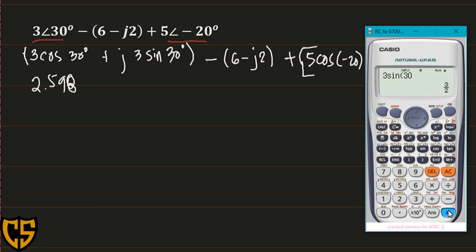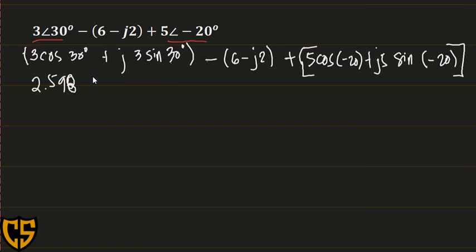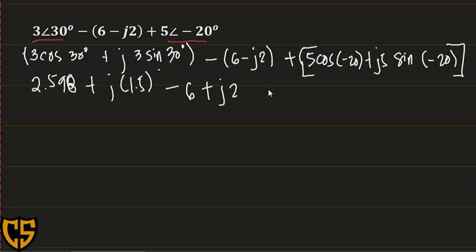So this is equal to 3 halves or 1.5. So we have plus j times 1.5. Minus, let us distribute the negative. So we'll have 6 plus j2.